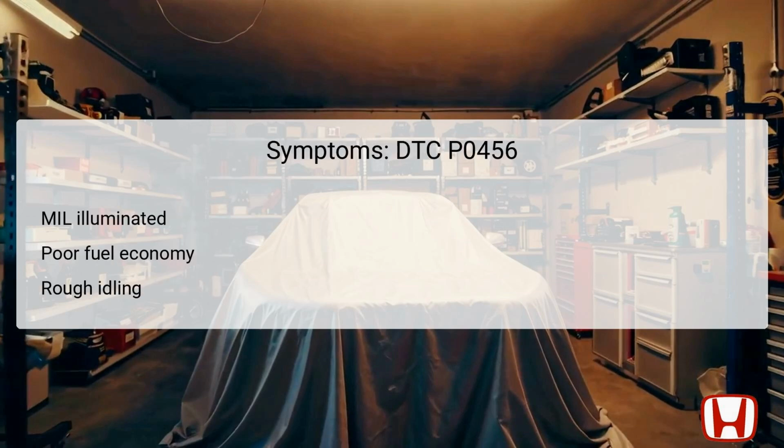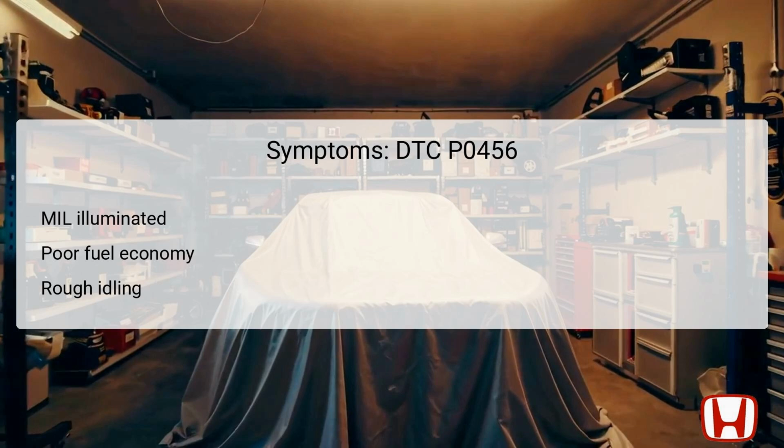When DTC P0456 is triggered, one of the most noticeable symptoms is the illumination of the malfunction indicator lamp (MIL) on the dashboard, alerting the driver to a problem. In addition to the MIL, other symptoms may include poor fuel economy, as engine performance can be affected by improper fuel vapor management.